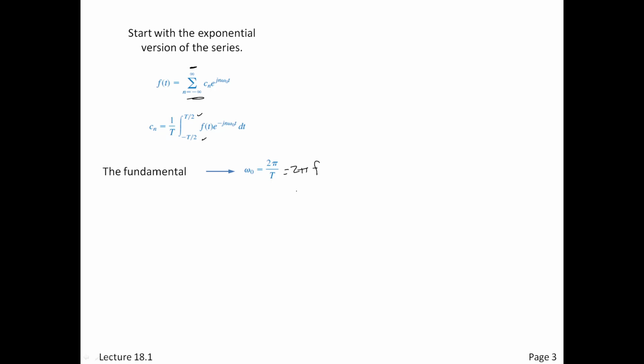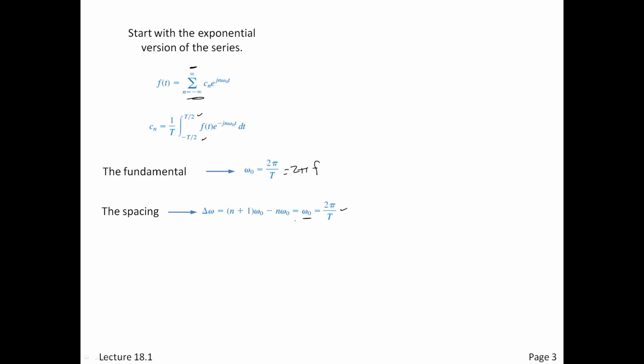And the spacing between them is n plus 1 times omega 0 minus n omega 0, which comes to omega 0. We're right back to this: the harmonics are spaced at integer multiples of the fundamental.